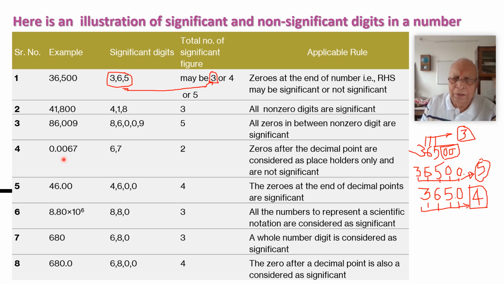It is simply a placeholder. So zeros after the decimal point are considered as placeholders only and are not significant. So these are the rules, application of rules here. And in 680, the whole number digit is considered significant, and that way you should go and find it out.